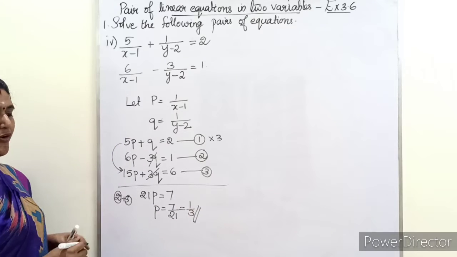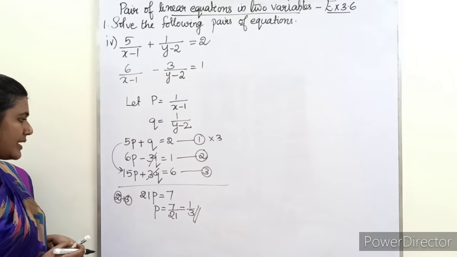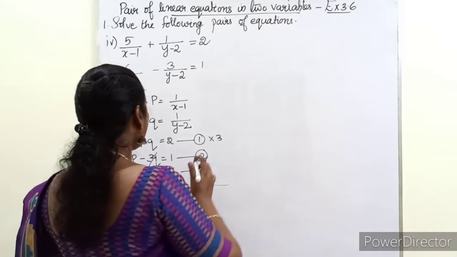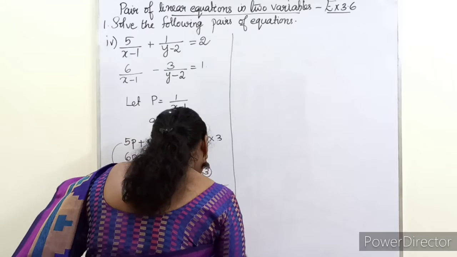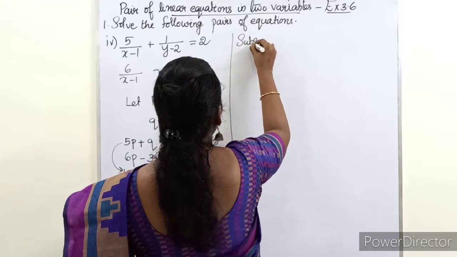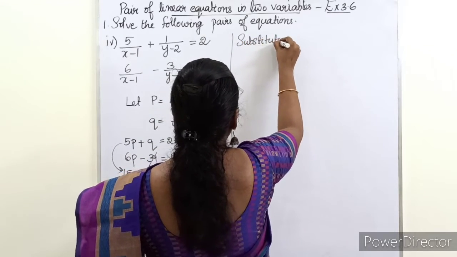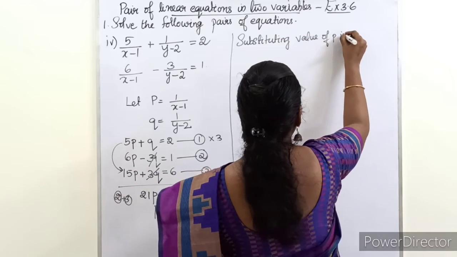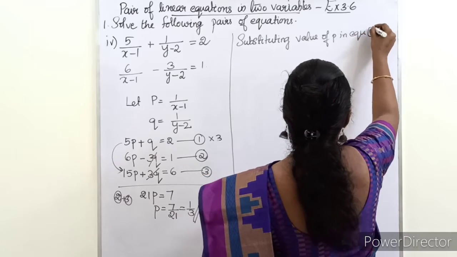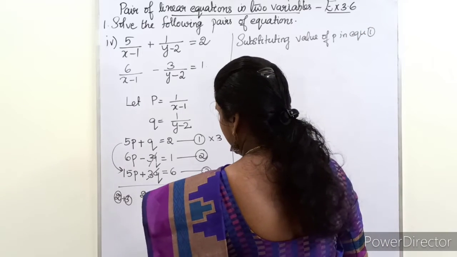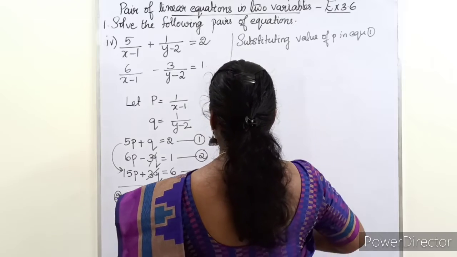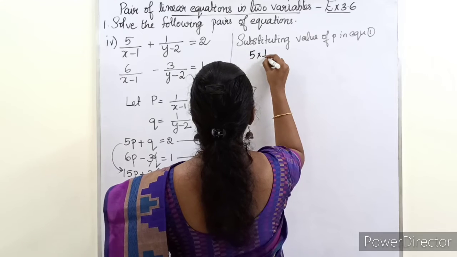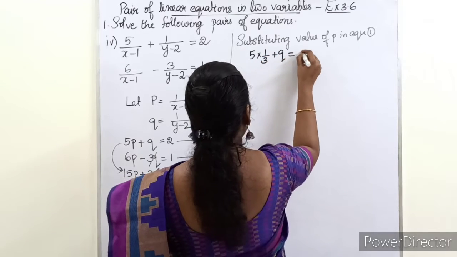So we got the value of p now. p is equal to 1 by 3. This value we will substitute in either the first or second equation. So we will substitute in the first equation. The first equation is 5p plus q, that is 5 into 1 by 3 plus q is equal to 2.